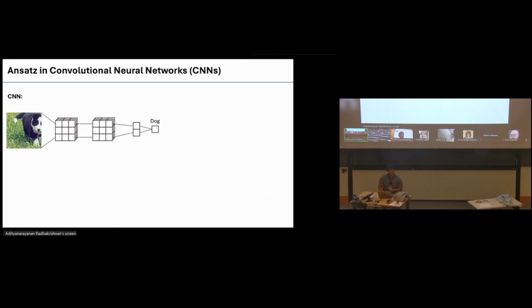What I'll talk about quickly here is how does this ansatz work for convolutional networks? And what is a convolutional neural network? Well, you'll typically see some kind of diagram that looks like this, which is not very helpful. But the idea is that you have an image going in, you have a label coming out. But really, the proper way to view it is that convolutional networks are actually functions on patches.